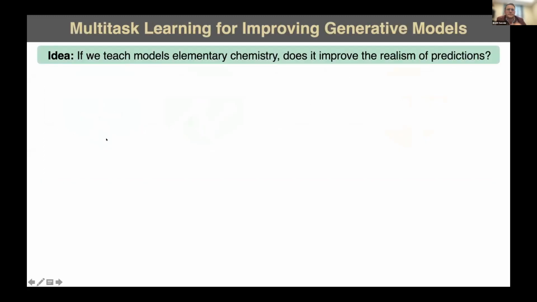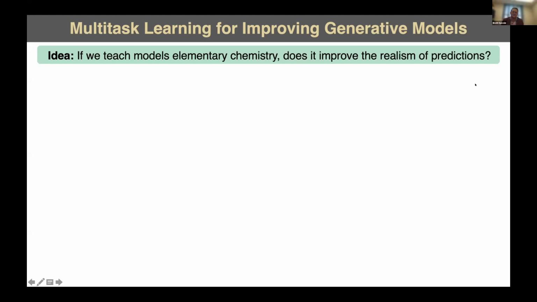Okay, so in the last 10 minutes here, because I planned this to be about 25 minutes, I just want to share with you one idea we had about how we might be able to make more realistic predictions. Our basic idea here is, if we teach models elementary chemistry, does it improve the overall realism of the molecules that we generate?